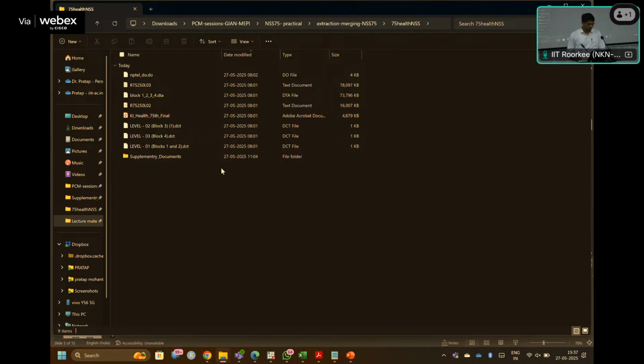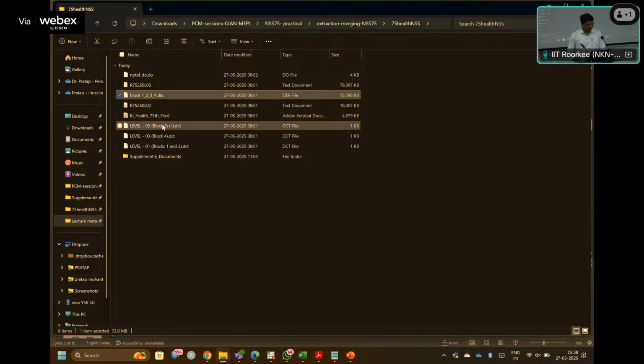So I may not be justifying in this class, but I'll be providing the logic behind the merging. So I have at this moment two files which are already extracted, so that I am able to merge them to combine them into a single file.